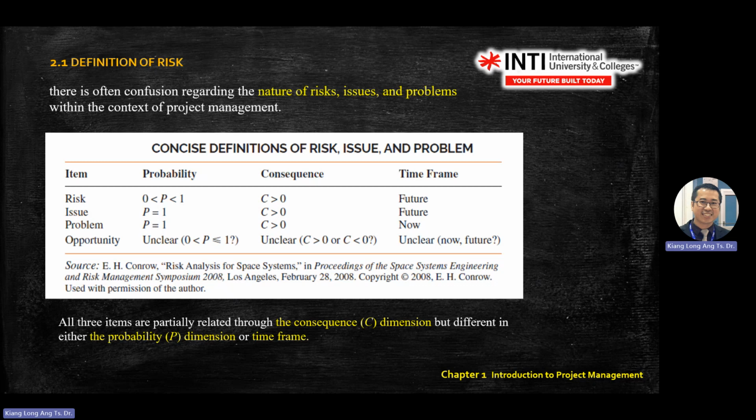Probability is 1. For example, this machine goes in with diameter 10 mm, comes out with diameter 1 mm, 10 becomes 1. Every time this one comes out as 1.